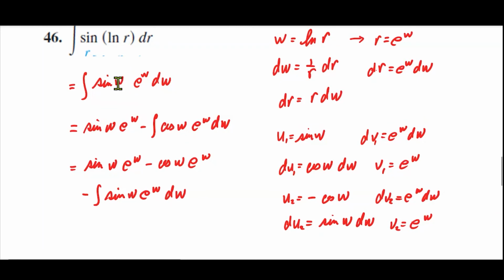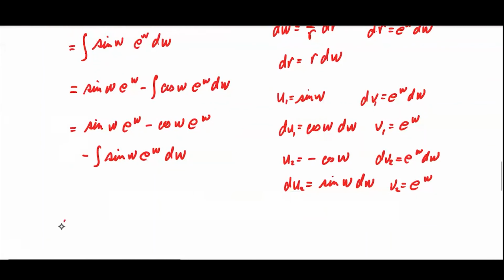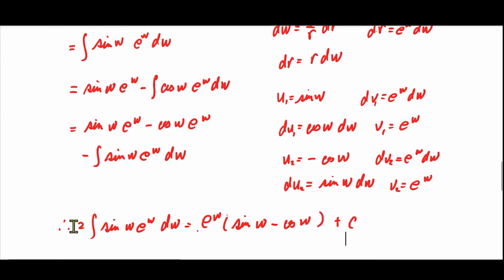So therefore, 2 of sine w e to the w dw is equal to, now these two, we have common factor e to the w, and we'll say sine w minus cosine w. Good. And then plus c. We just take out an eraser and divide this by 2, that would be a quicker way to do this, so divide by 2.